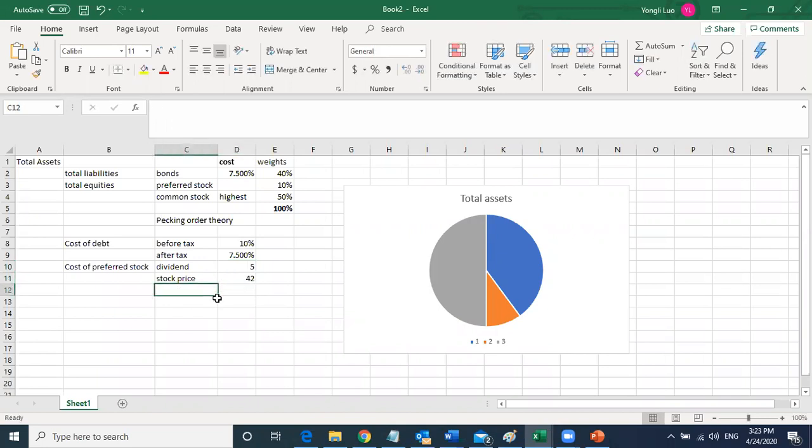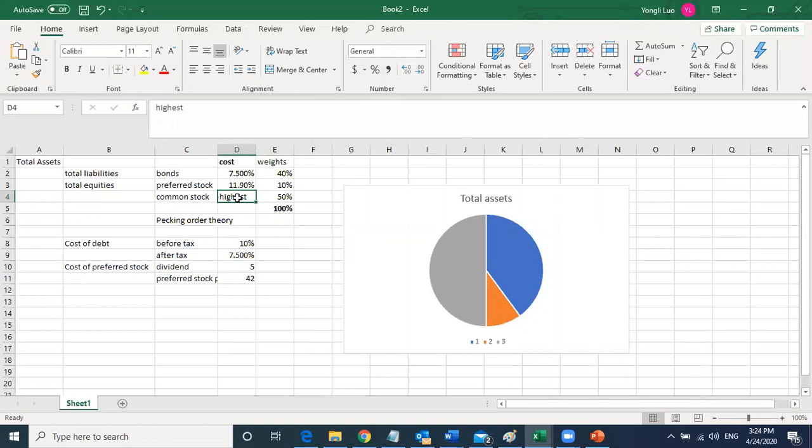So the cost is going to be that dividend divided by the preferred stock price, 5 divided by 42. We make this a percentage, so we don't increase the decimals. We can say the preferred stock cost is 11.9%.